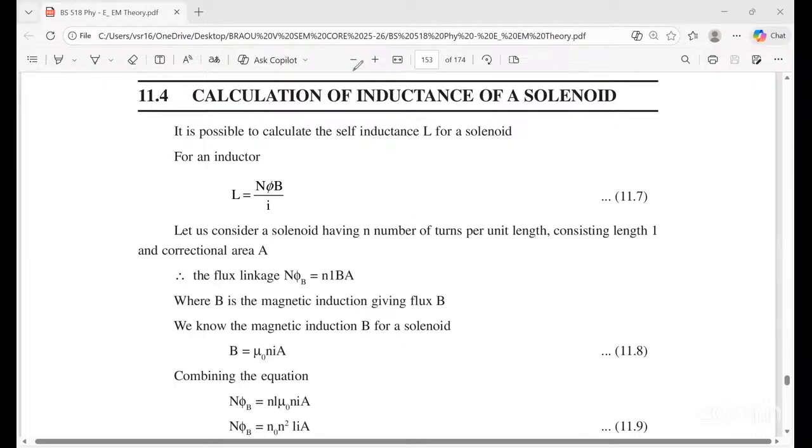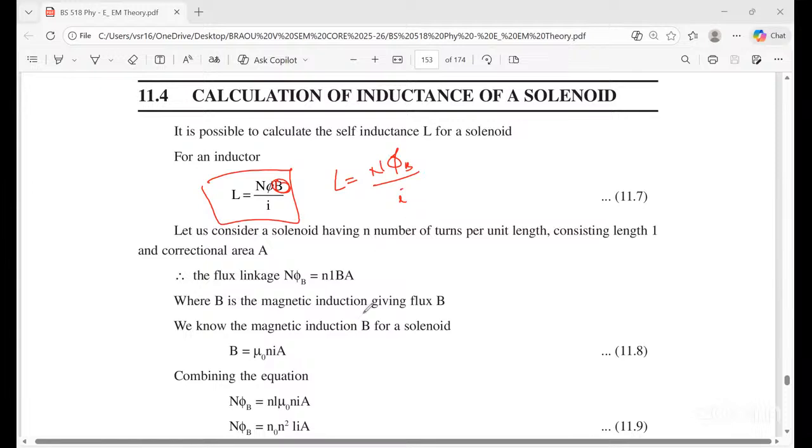So you know the basic equation: L equals N phi B by I. What is N? A coil which consists of capital N number of turns.